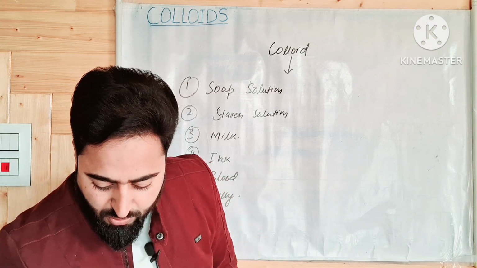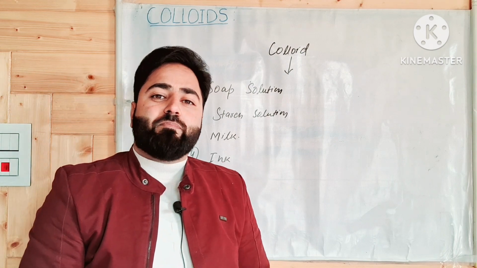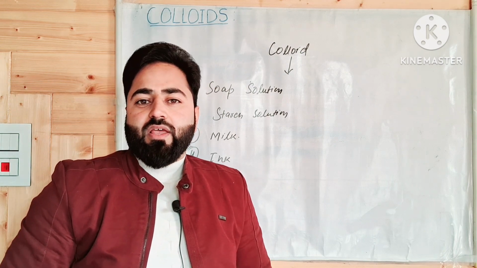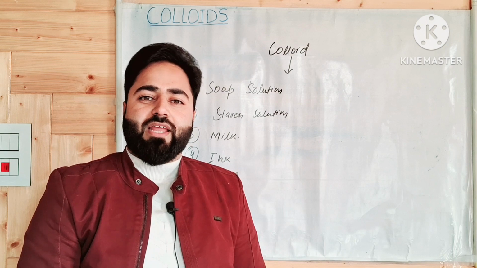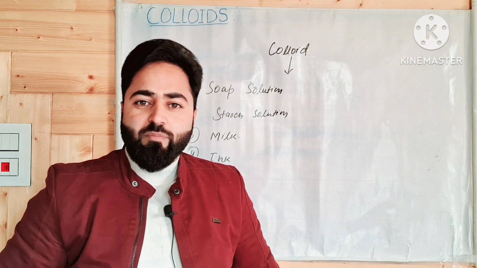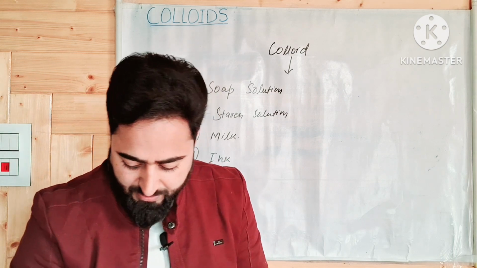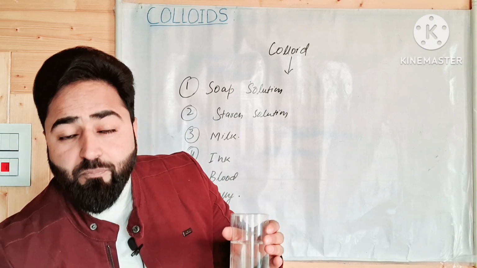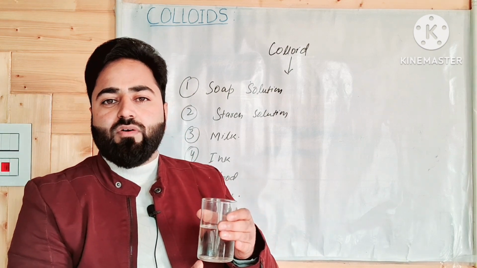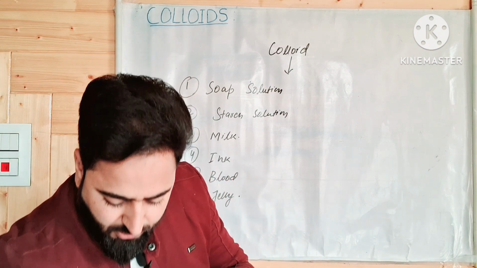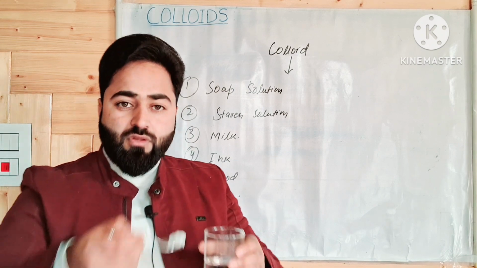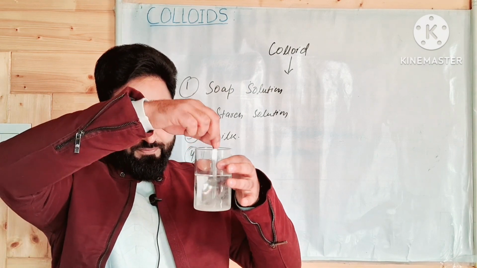For this, we will do some practical activity, and before moving to the practical activity, we will make another solution that is a true solution. I have a beaker containing water. I will mix some salt with water in a beaker.